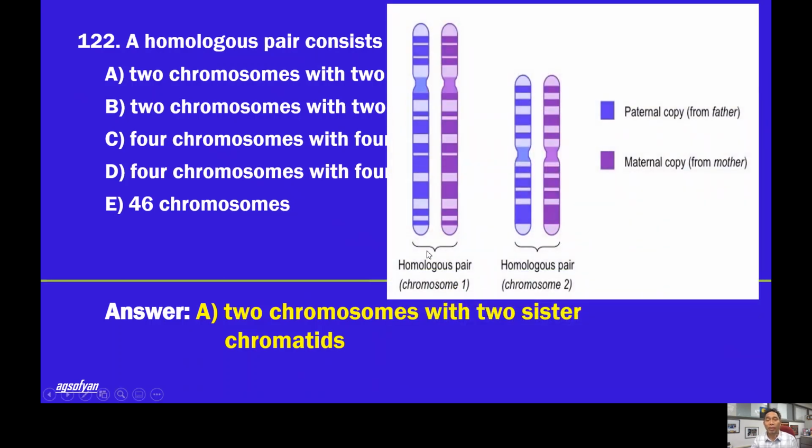If you see this one, the longest one on the left is a homologous pair that has 2 sister chromatids. The shorter pair over here also carries 2 chromosomes with 2 sister chromatids.